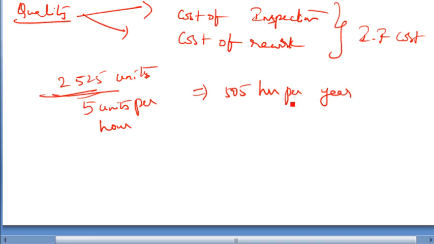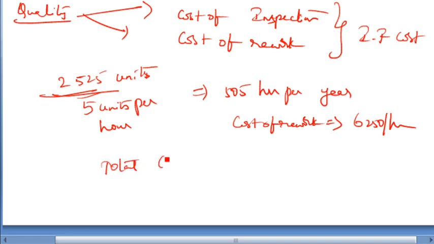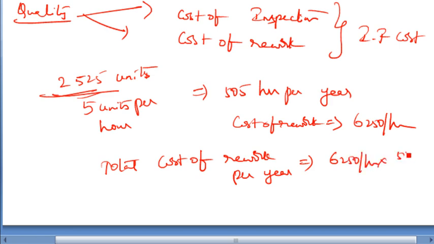Cost of rework is given in the question as 6,250 per hour, which means total cost of rework per year is 6,250 per hour into 505 hours, which gives rise to 31,56,250 rupees. That is the cost of rework for the total year.